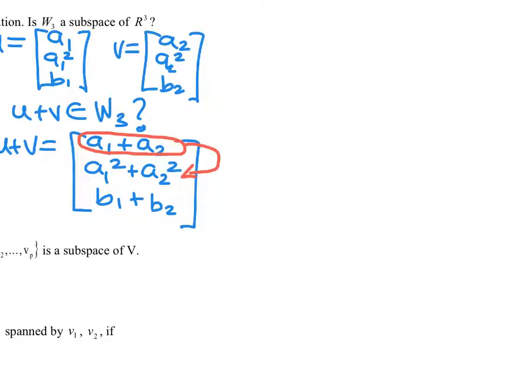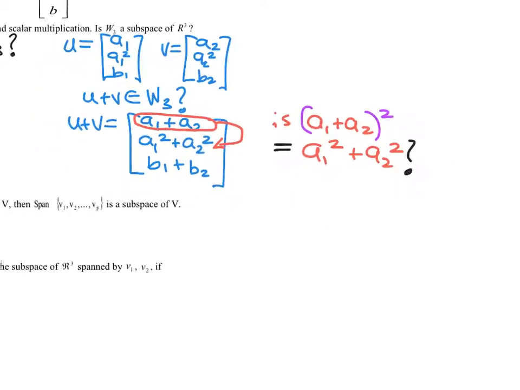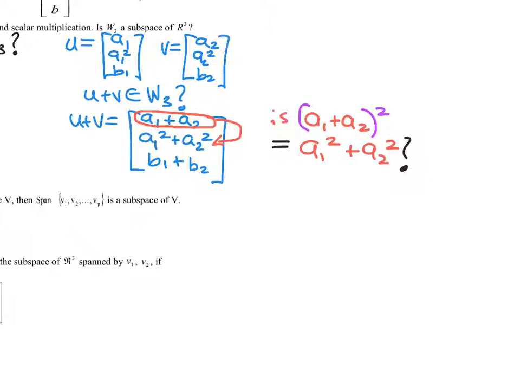So is A1 plus A2 squared the same as A1 squared plus A2 squared? And the answer is only if there's zeros. All right, so that's a problem, because we need it to always be the case, because these are general terms.